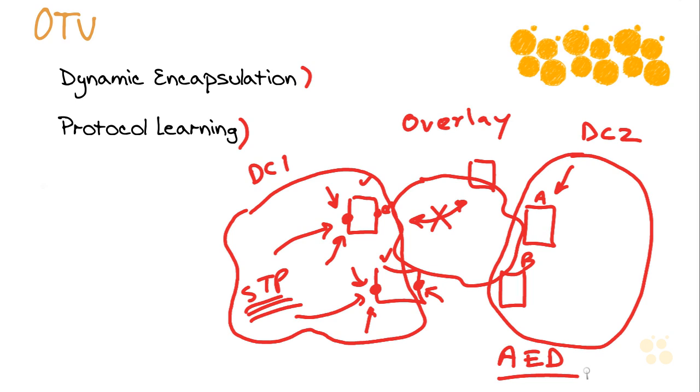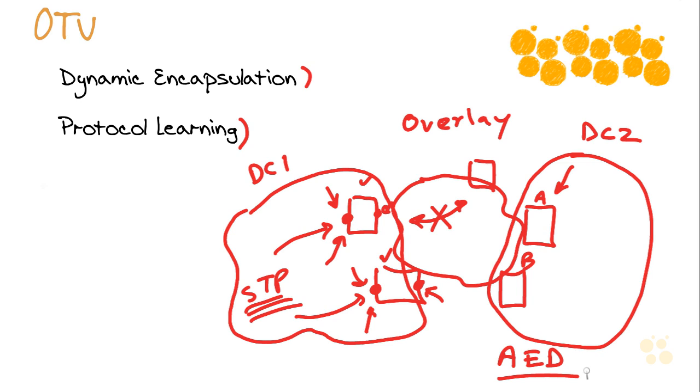Obviously, forwarding the layer 2 unicast, multicast, and broadcast traffic between the sites, and advertising MAC address reachability information to the remote edge devices. The AED role is going to be negotiated on a per VLAN basis between all the OTV edge devices belonging to the same site.